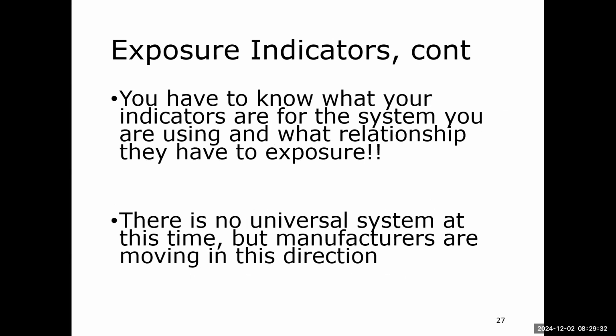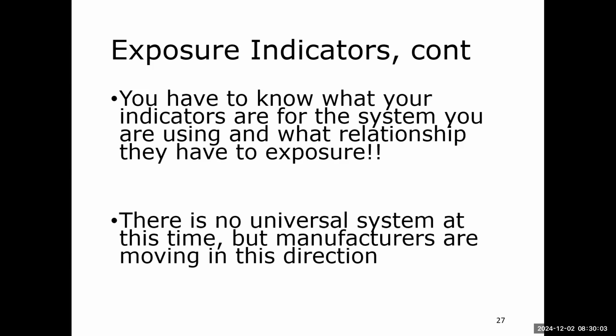You have to know what your indicators are for the system you're using and what relationship they have to exposure. Meaning, you need to understand if your exposure indicator has a direct relationship to receptor exposure or an inverse one, because it matters, right? There's a lot of places out there where their exposure indicator is an S number, or a sensitivity number.